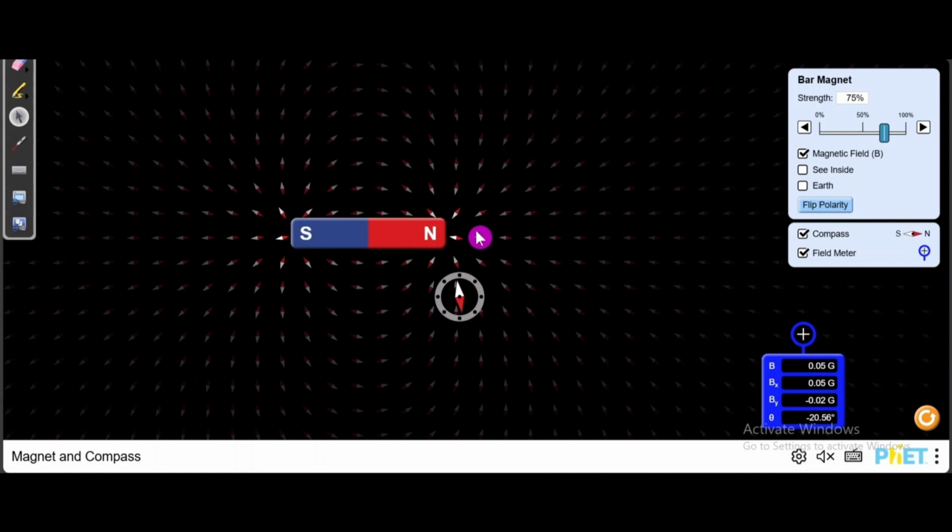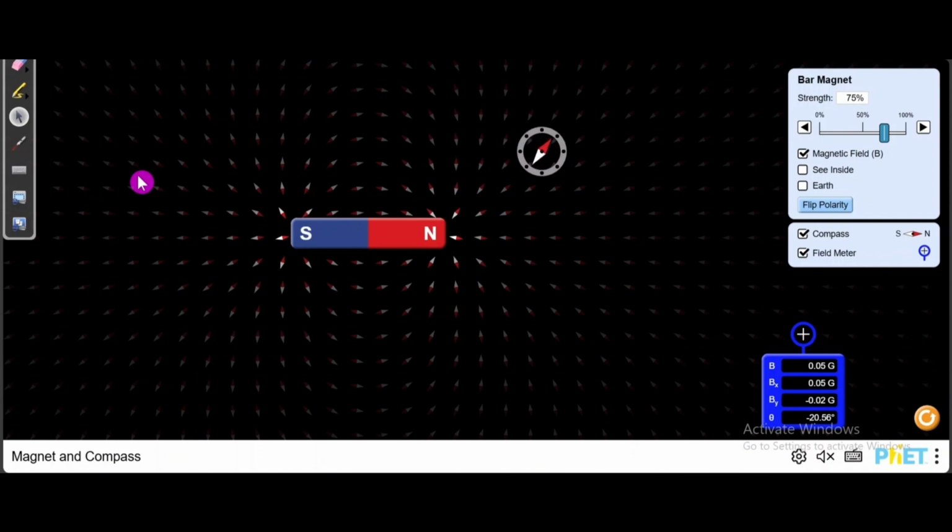This north will attract this south in this direction, and here the south will attract the north, and in this way at each point around this permanent magnet there is some effect from the source magnet.